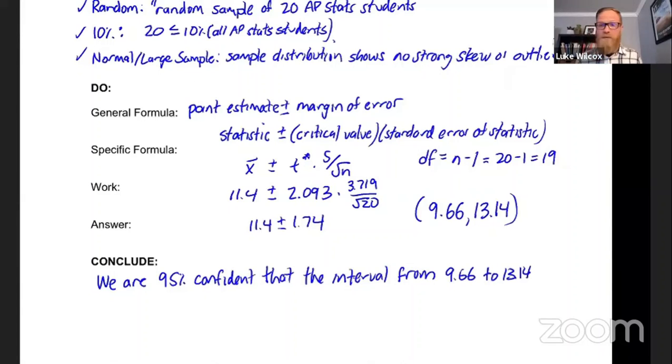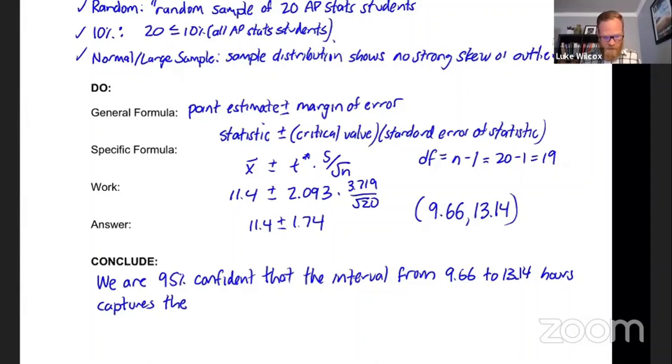But let's be careful to include units here, right? We didn't have to worry about that with proportions because proportions don't have units. But here we do have units. We're trying to estimate the number of hours. So this is going to have the units of hours. And then we want captures the.